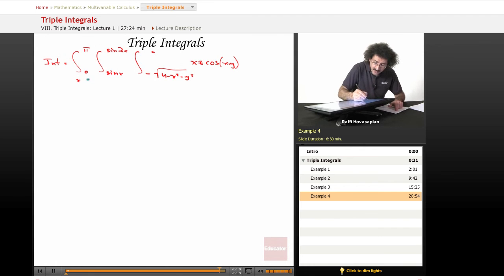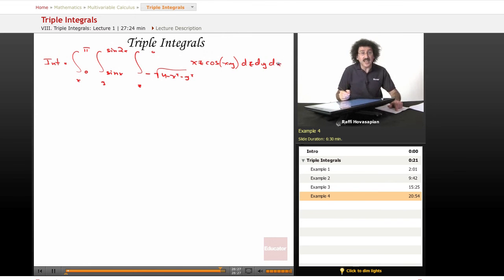Again, this is x, this is y, this is z, so we're going to do dz, dy, and dx. When we put this in our software, we get the following number, 13.657. Again, perfectly valid number.